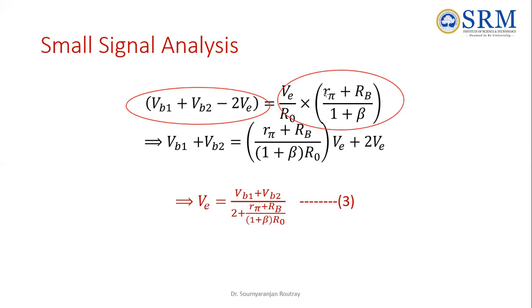Now I want to separate VE, only I need VE here. So with simplification, I kept all VE on the right hand side and everything else on the left hand side, and so I got VB. This is equation number 3. It is one of the important equations of this chapter.